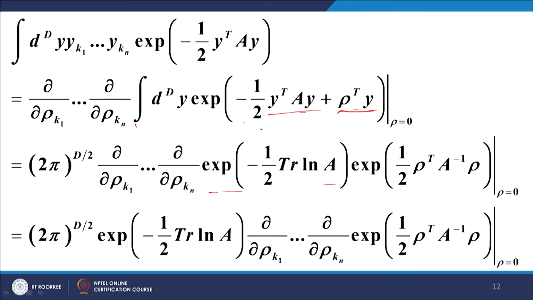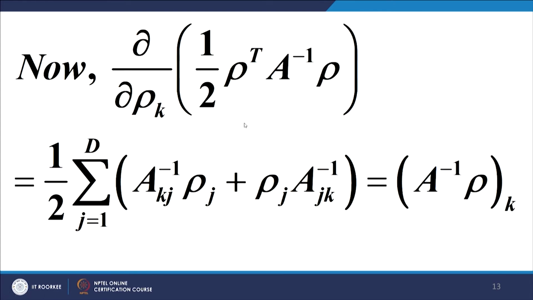Now, let us look at what happens. Let us take the first case. Let us differentiate with respect to one rho, rho k. Now, when you differentiate with respect to one rho and use this representation of the matrix, this is precisely what you get.